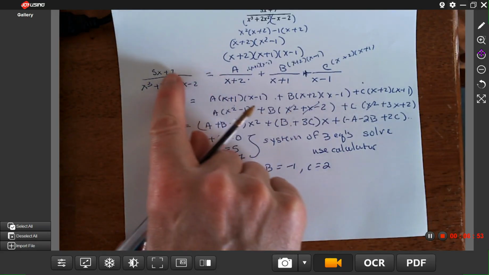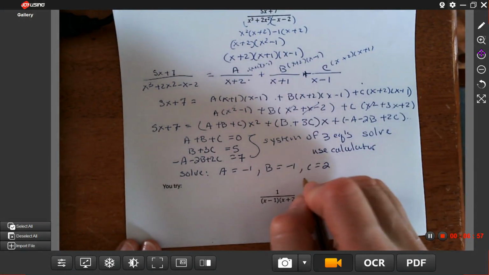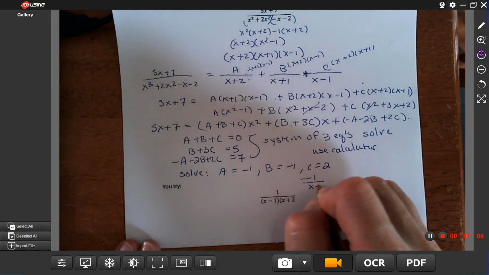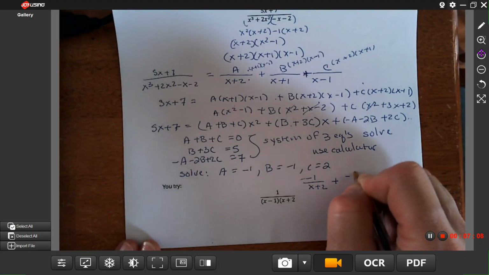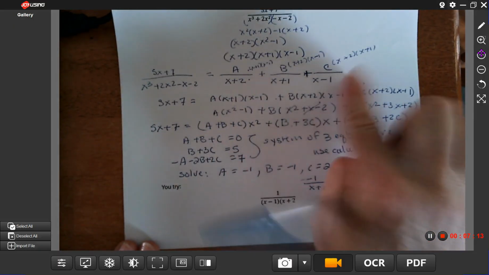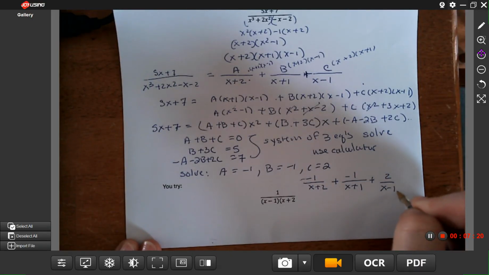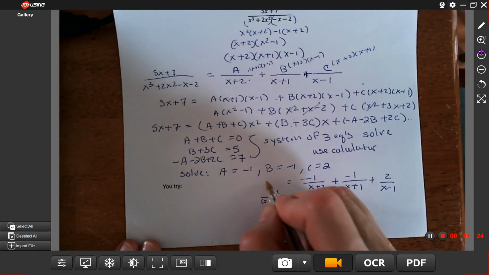Therefore, the partial fraction decomposition here is a, which is -1 over x plus 2, plus b, which is -1 over x plus 1, so I'm just reading this off here, plus c, which is 2 over x minus 1, and that is equal to our original equation.